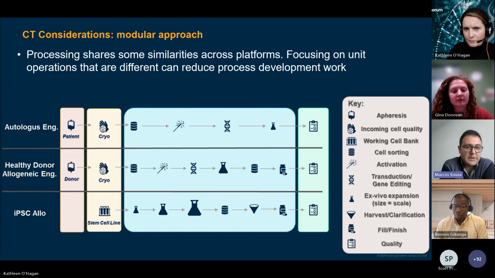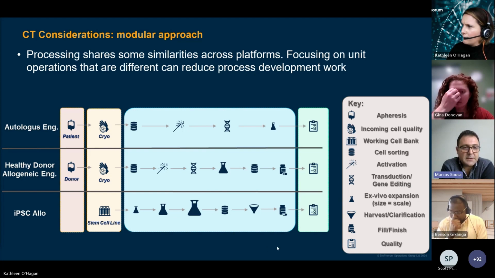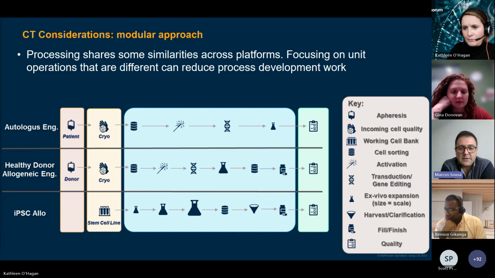One thing that is really interesting to see here is the common factors. For allogeneic, autologous, and healthy donors, you can see that the phases of cell sorting, activation, gene transduction and gene editing are common to them. So we can learn from it. We can apply one to the other.